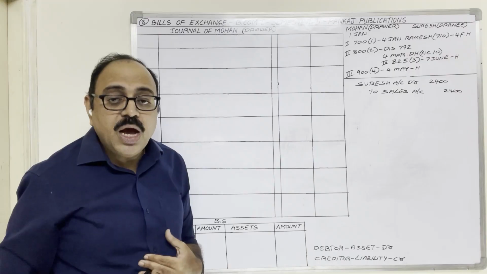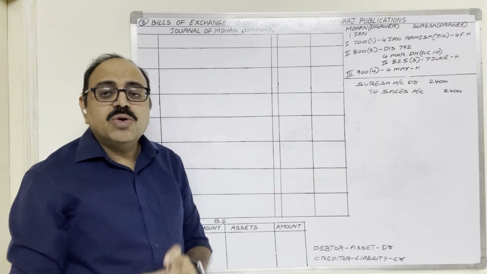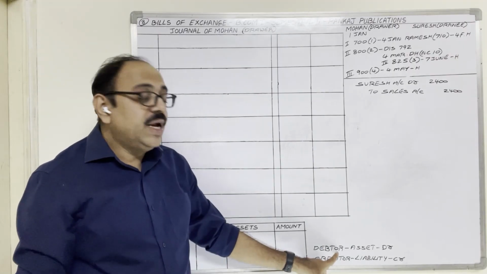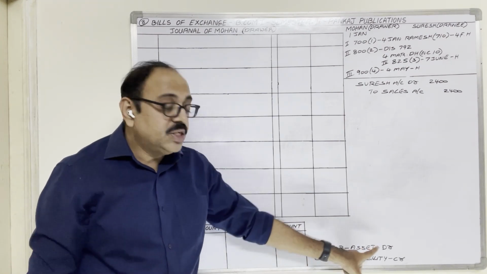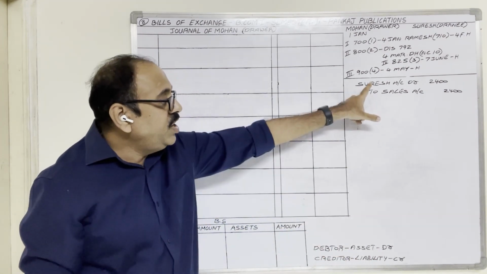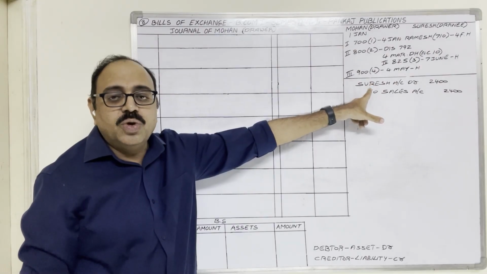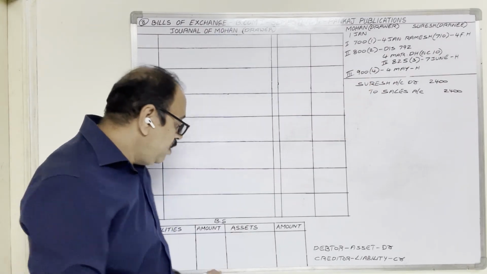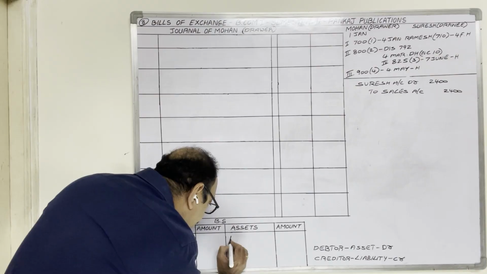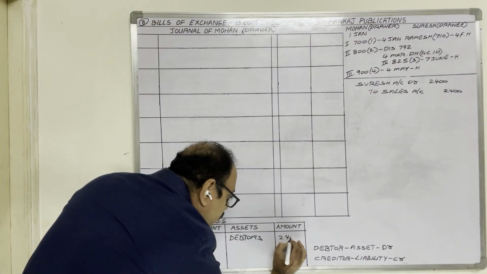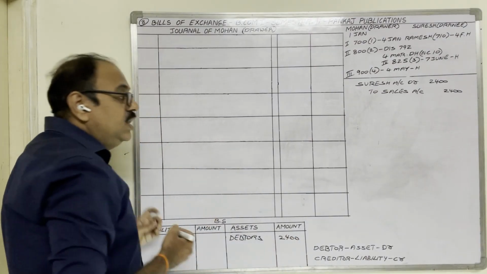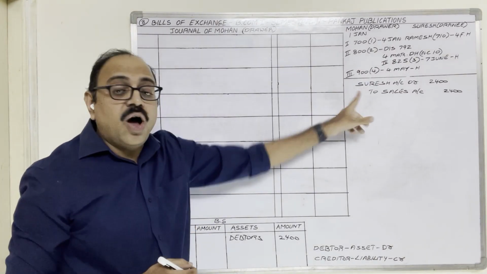Creditor means we have to pay money to him. Suresh account is debited, so Suresh is a debtor. A debtor is an asset. An asset shows a debit balance. That is why in the entry, the asset is debited. Suresh account is debited, so in the balance sheet, on the asset side, debtors 2,400. This is the effect of the first entry on the balance sheet.